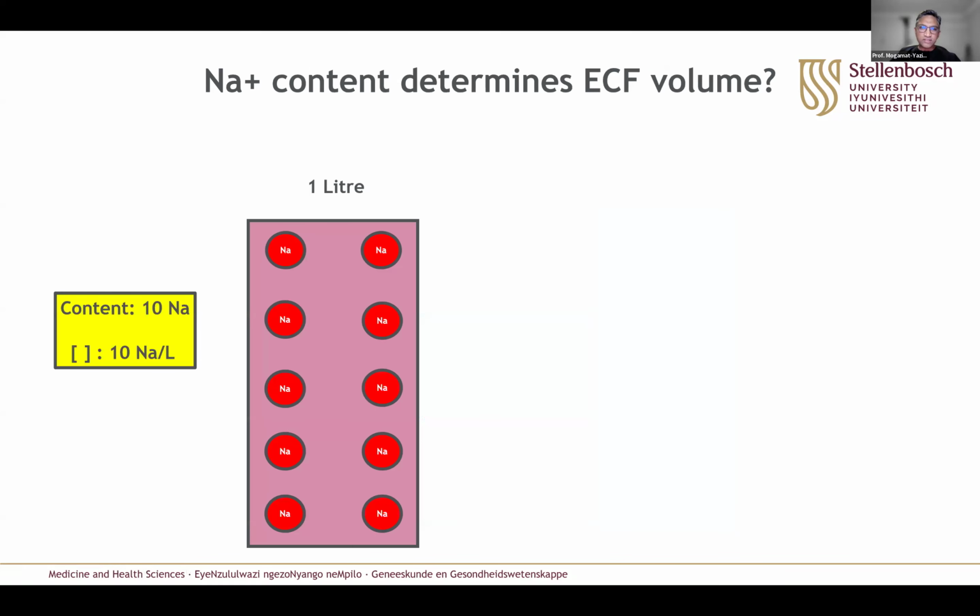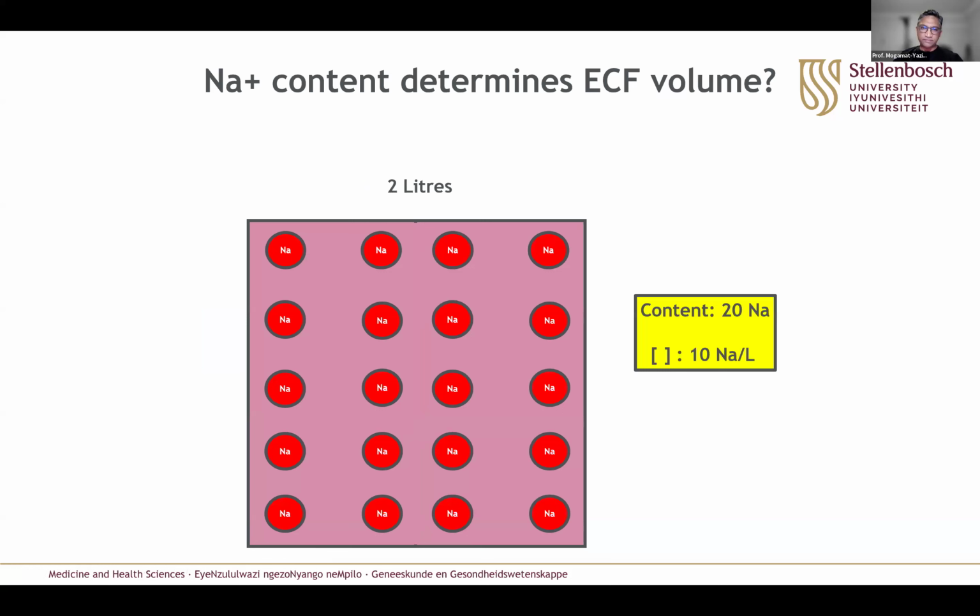So the important concept that one needs to understand here is that sodium content determines the size of the ECF compartment. I want to say that again. Sodium content determines the size of the ECF compartment or the ECF volume. So let's use this hypothetical 1 liter of fluid here, which has 10 sodium molecules inside of it. The content of sodium here is 10, and the concentration of sodium is 10 per liter. Now I add another liter.